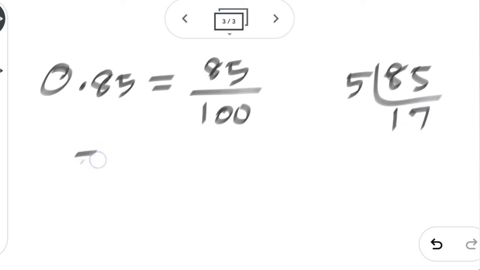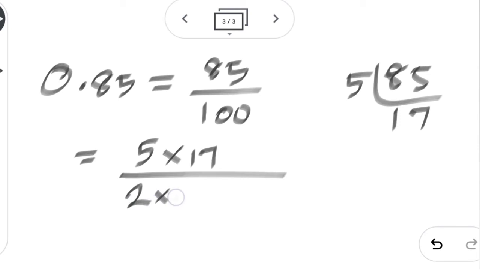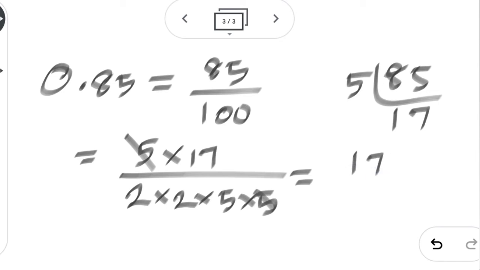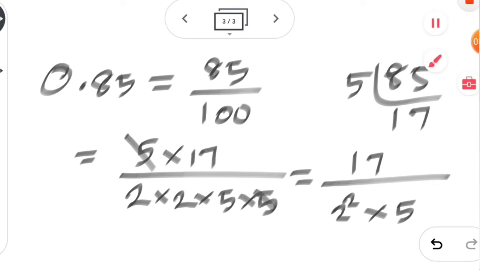So 85 equals 5 into 17. 100 we can write as 2 into 2 into 5 into 5. We can cancel one 5. That's equal to 17 by 2 into 2, that is 2 square into 5. Here just note that the denominator of these fractions contains the primes 2 and 5.